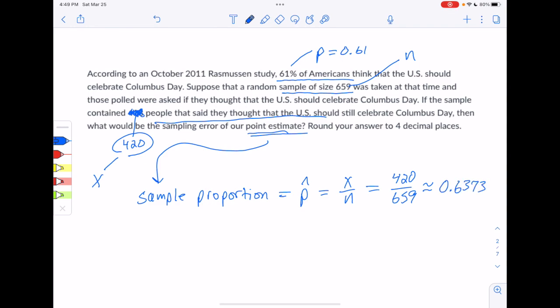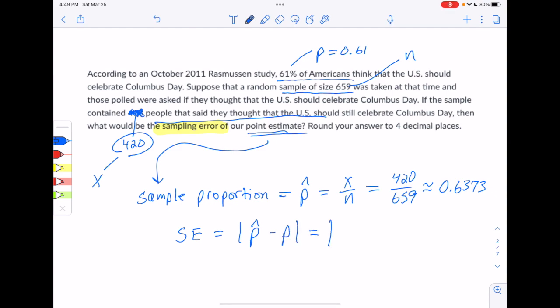Okay, so that's not our answer to this question because what they want us to find is the sampling error, but you need that number to get it. And that, by the way, that sample proportion is probably the answer to the previous question. So how do you get at sampling error? Well, when you're in the proportion context, sampling error is just the absolute value of the difference between your sample proportion and your population proportion.